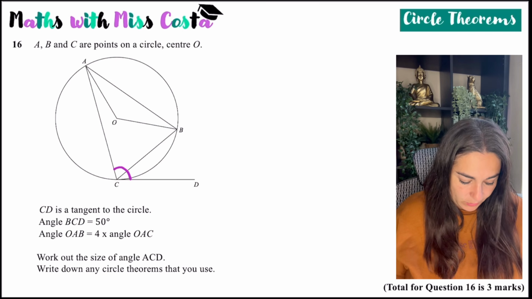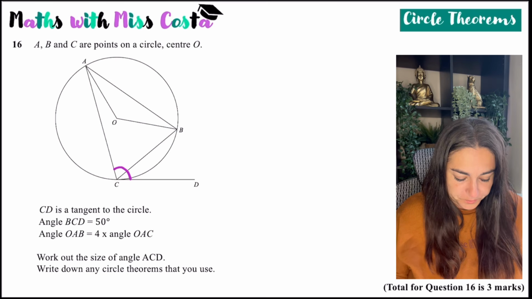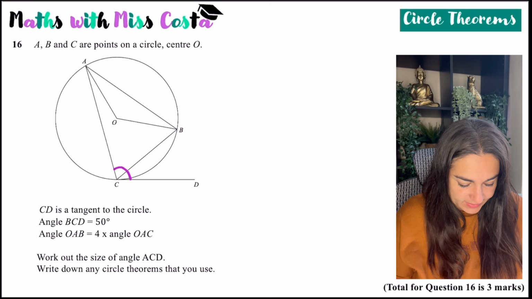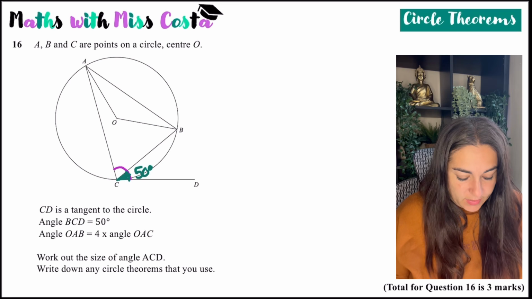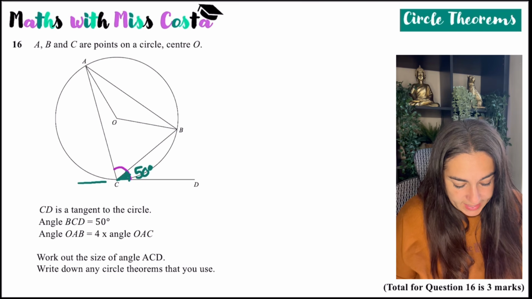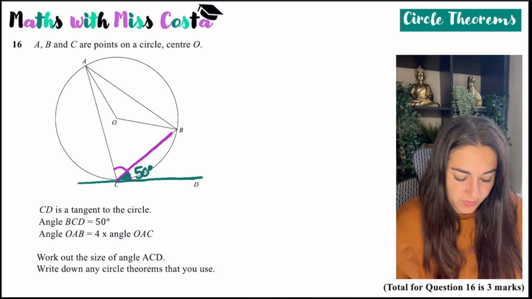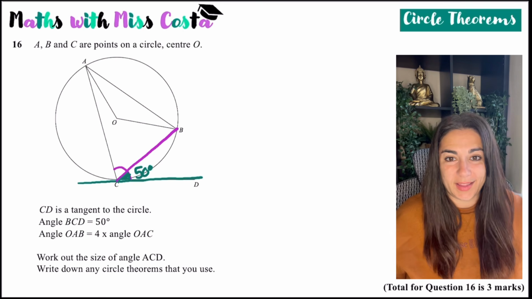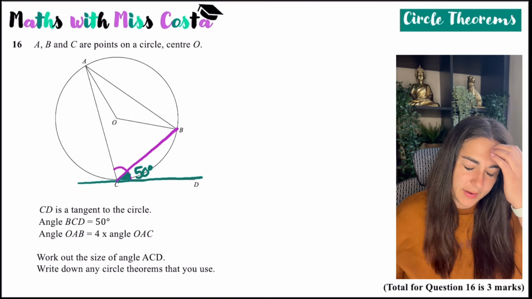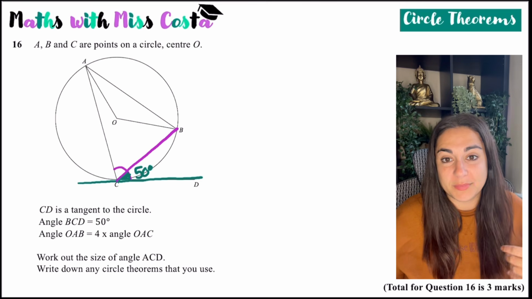Okay, so let's figure out what we already know. We're told we know that angle BCD, so this angle here, is 50 degrees. Now, this angle is between a tangent and a chord within the circle. So this is actually one of the hardest circle theorems for most people to spot.